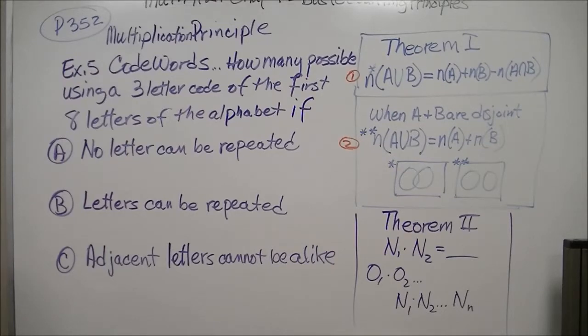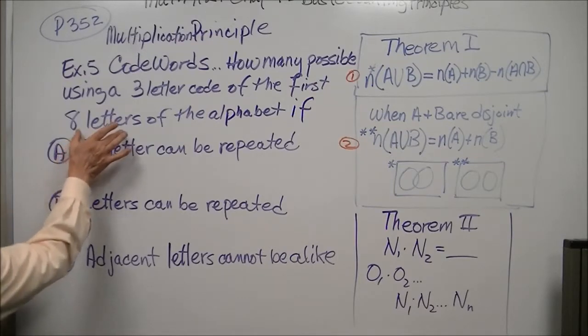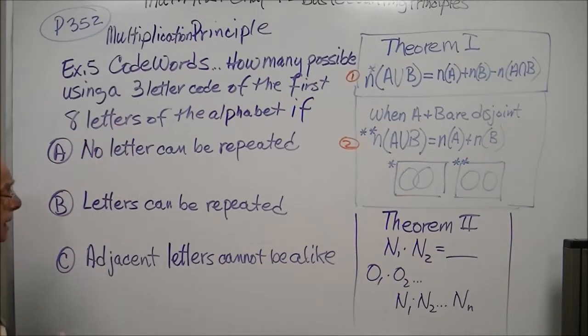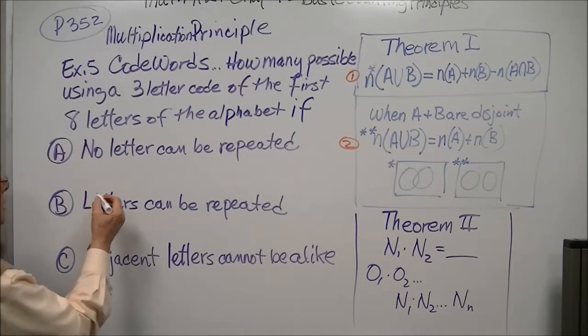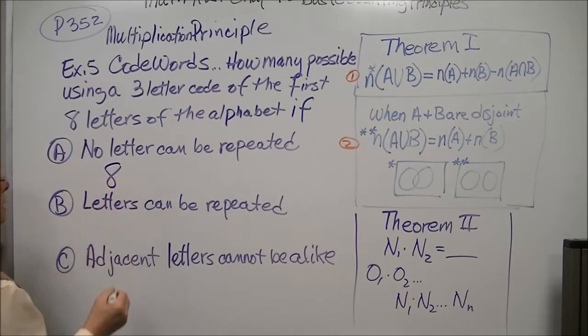So as you do these, they're not hard, but you need to be thinking, what are the operations, what are your sets made of? So here our set is 8 letters of the alphabet. Now, how many in each set? Well, 3. So in our first choice, we're going to have 8.